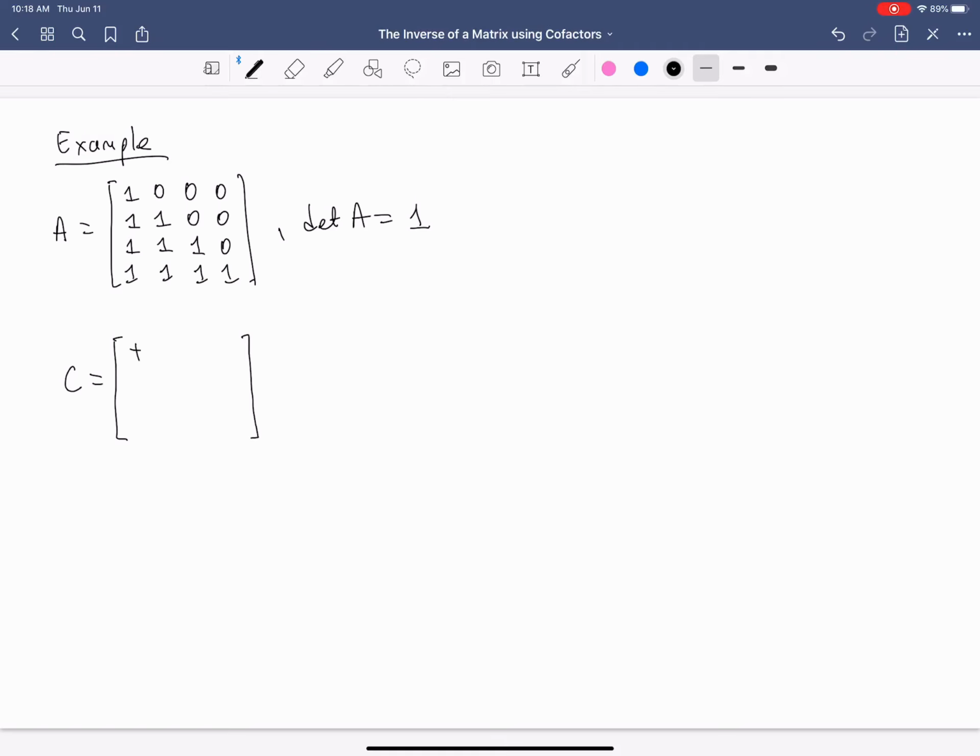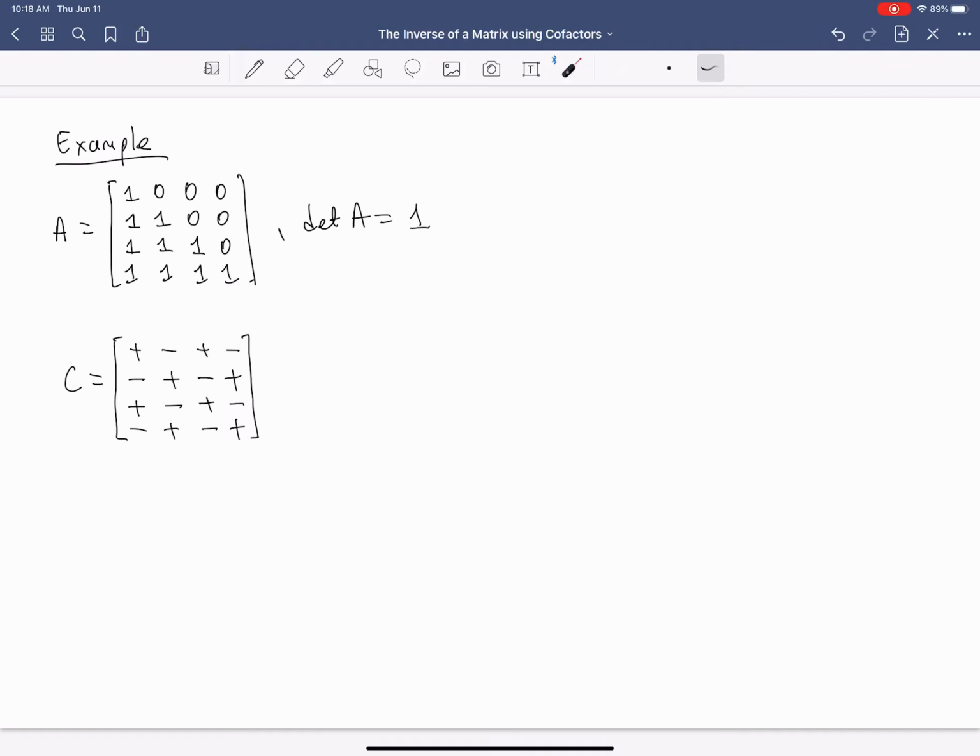So I will have plus, minus, plus, minus, minus, plus, minus, plus, plus, minus, plus, minus, minus, plus, minus, plus. So each cofactor comes with a sign. By putting the signs, I will be reminding myself to pay attention.